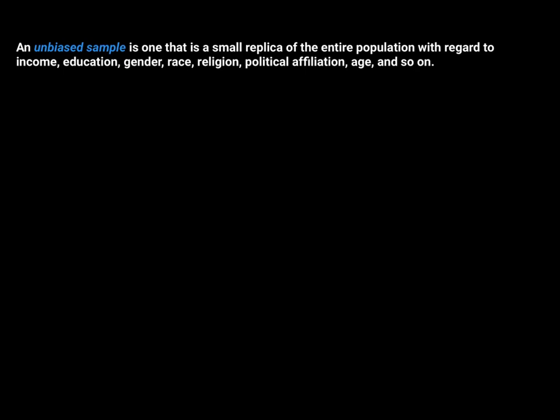Consider the task of determining the political strength of a certain candidate running in a national election. It's not possible for pollsters to ask each of the approximately, how many eligible voters do we have in the country? Like 250 million or so. So pollsters select and use a sample of the population to obtain their information.